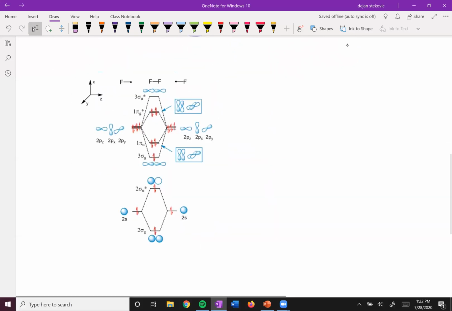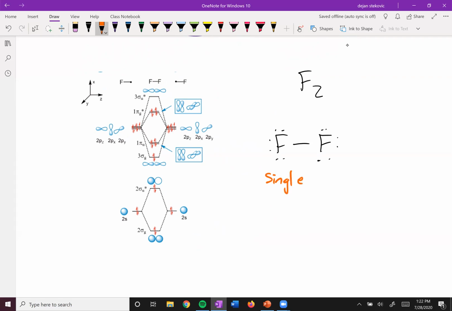So here, it's showing the bonding between fluorine. So this is a molecule of F2. Right, and if you drew the Lewis structure of fluorine, you would predict that it was a single bond. And so it has a bond order of 1. Right, single bond means the bond order here is equal to 1.